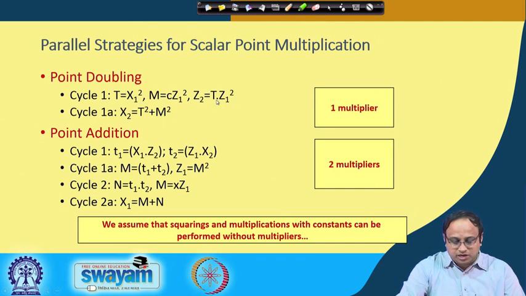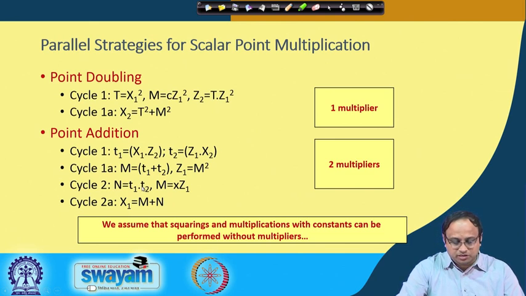Okay. Likewise, if you see the point addition equation, in the point addition I have two multiplications: for T1 I have one multiplication and for T2 I have one multiplication. Likewise, for cycle 1A there is no multiplication, but for cycle 2 I again have one multiplication required.